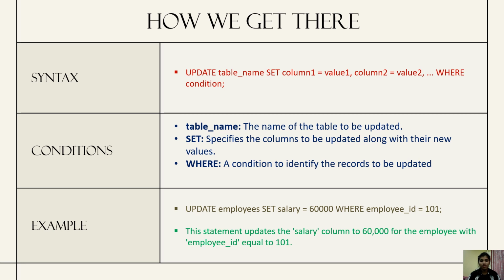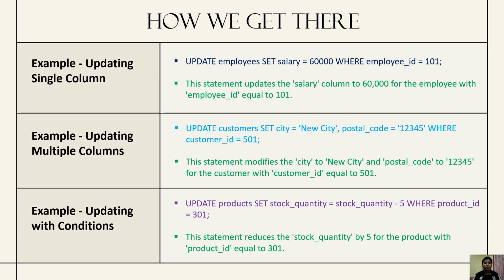The example we have given is UPDATE employee SET salary WHERE employee ID is 101. Basically the statement updates the salary column to 6,000 from the existing value where employee ID is 101. Some of the variations are updating a single column, updating multiple columns, and updating using a condition. If only one value needs to be updated, we can update a single column.